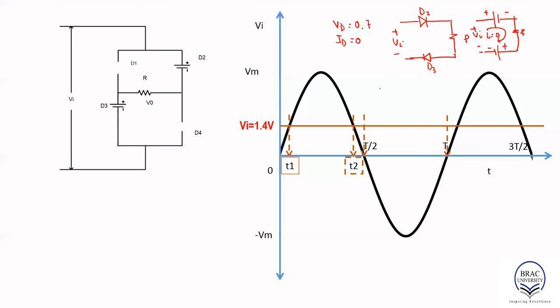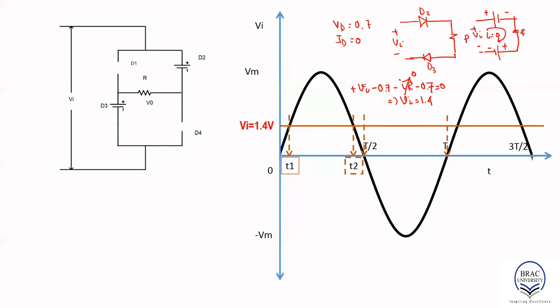If I apply KVL, then we get plus Vi minus 0.7 minus IR minus 0.7 equals 0. So IR equals 0. So that gives us Vi is equal to 1.4. So that is our transition state voltage for the positive half cycle.